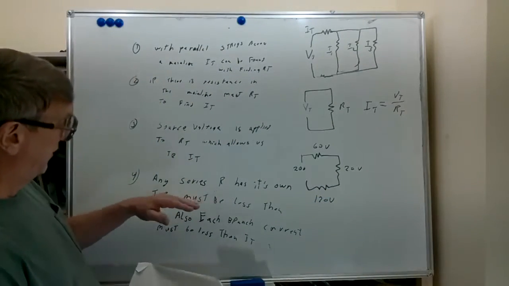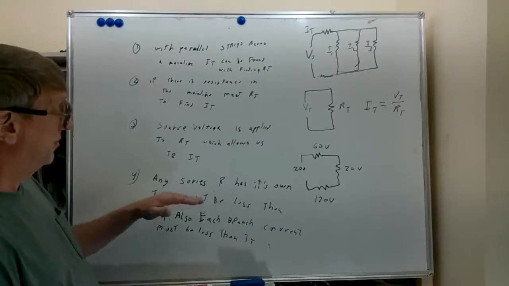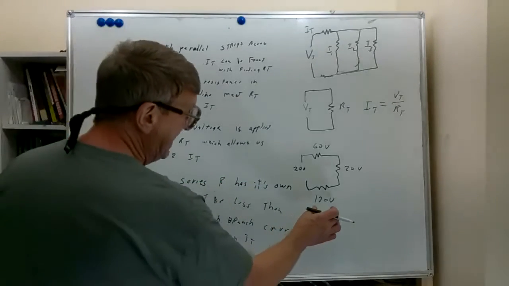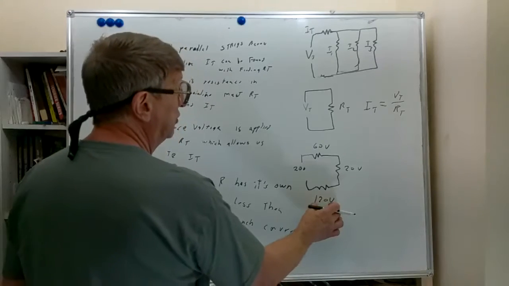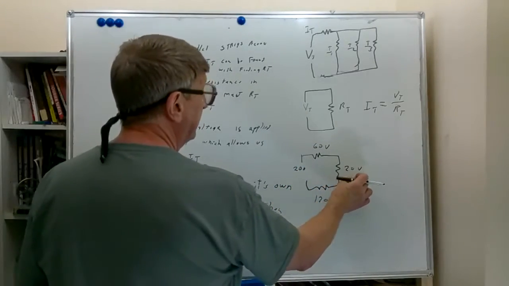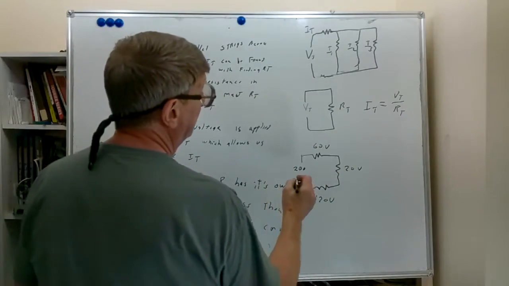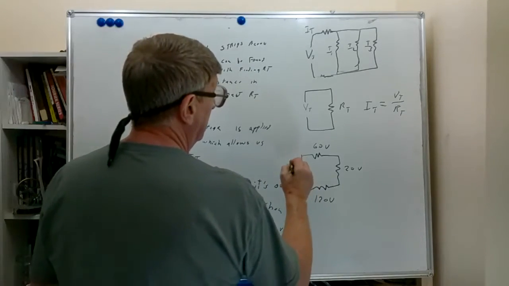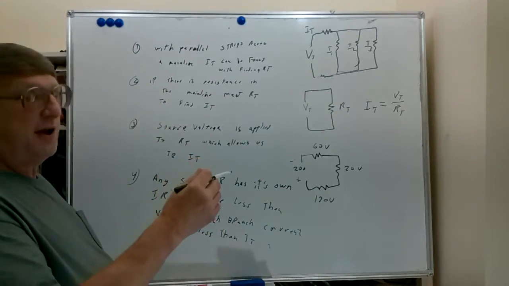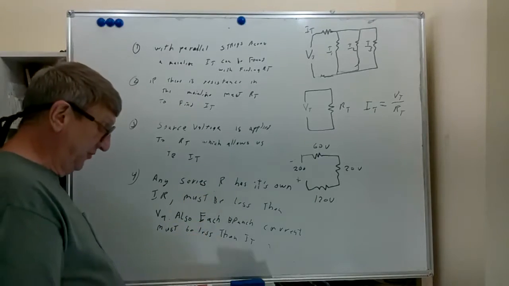Let's look at that first part here. Each series R has its own IR drop, which must be less than VA. And you'll see each of these voltages, 120 is less than 200, 20 is less than 200, 60 is less than 200. We cannot have voltage drops that are greater than the applied voltage.